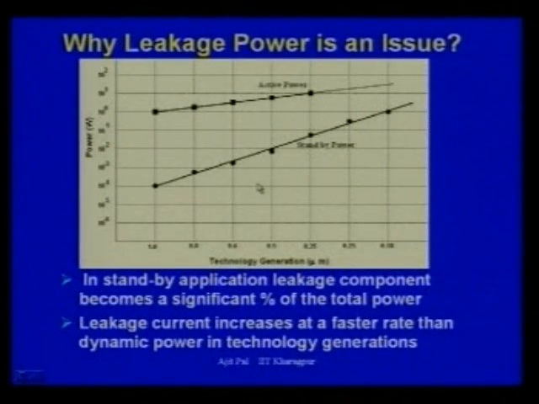Another important observation is given here. As you go from one technology generation to the next, you can see this is 1 micron, this is 0.8 micron, this is 0.6 micron.